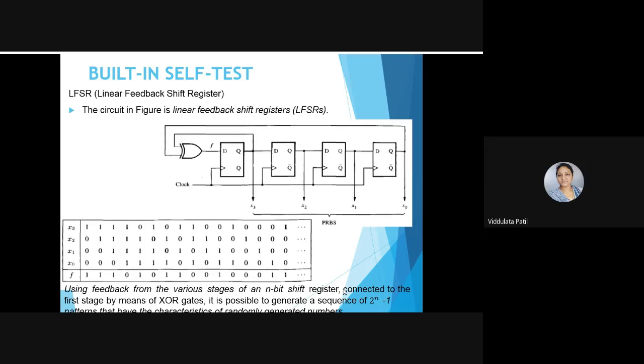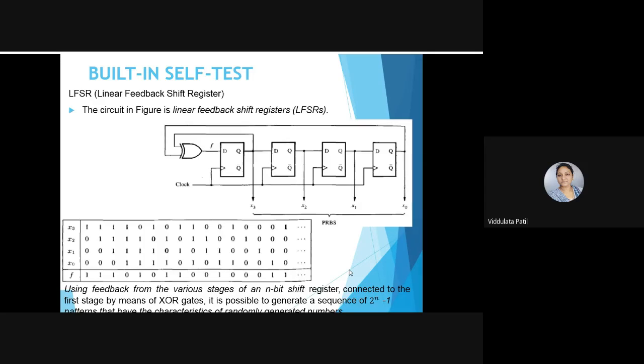You can have different circuitry also. So that means this arrangement can be done differently for this shift register. But this is just a simple circuitry for this linear feedback shift register.